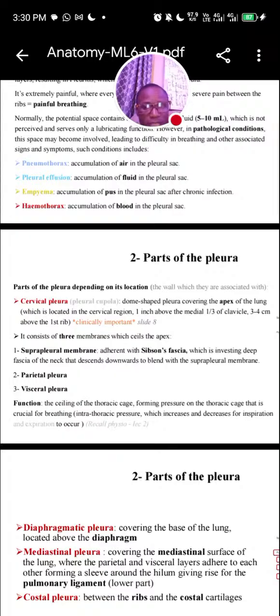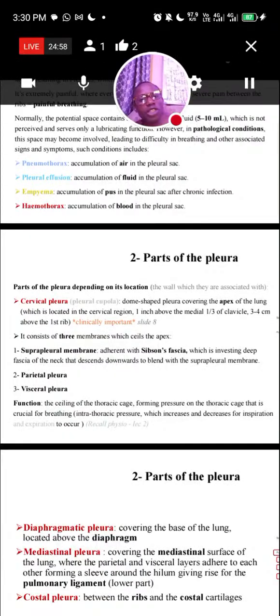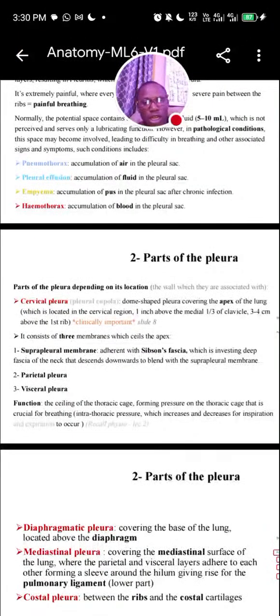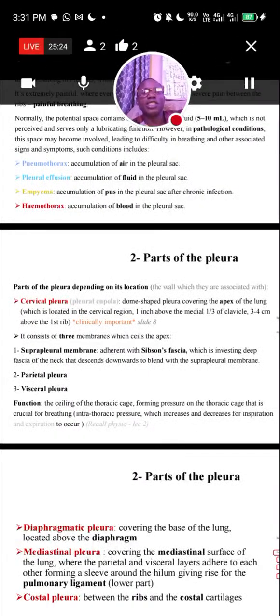This is a good MCQ question. Just like in the pectoral region, the suprasternal notch is also called what? Jugular notch.